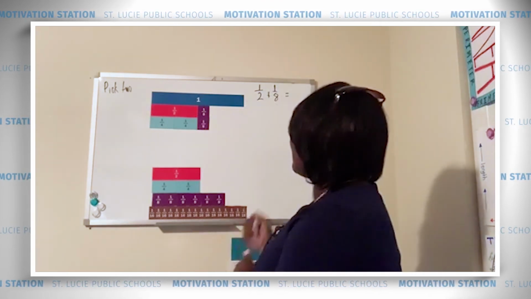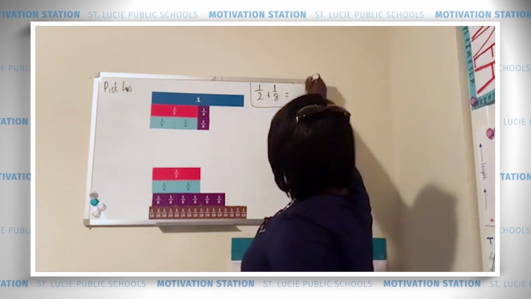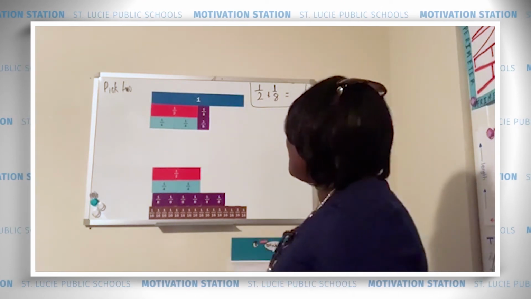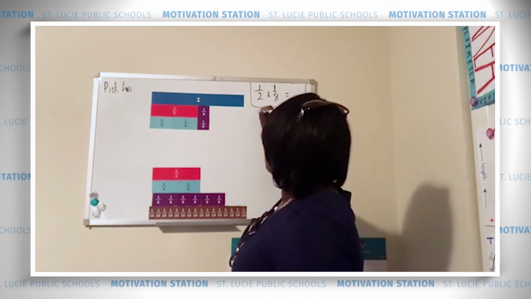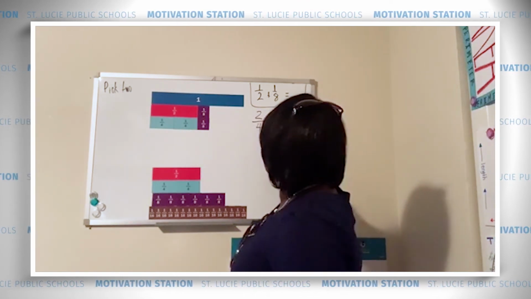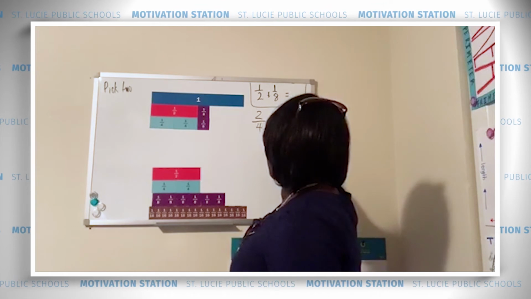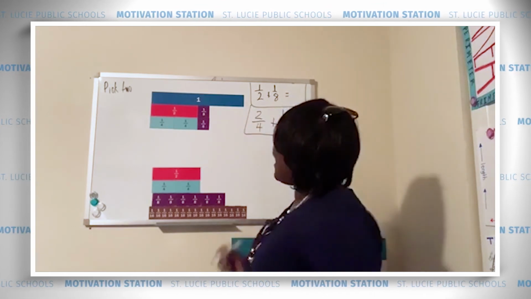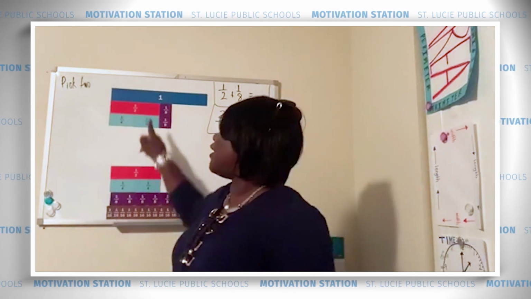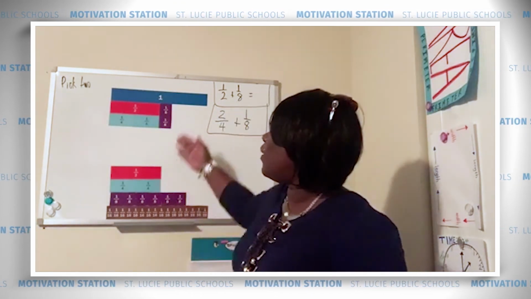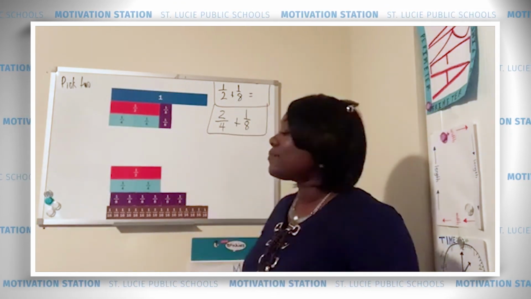So I can say 1/2 plus 1/8 is also equivalent to 2/4 and 1/8. Hey, that makes sense. Because the 2/4 are equivalent to the 1/2 and the 1/8 is still the same.